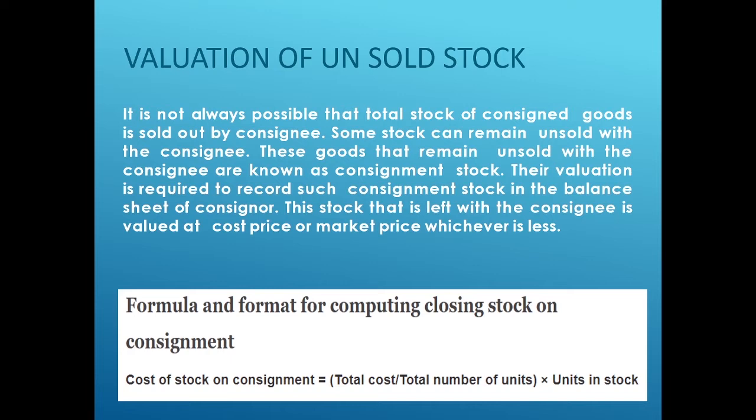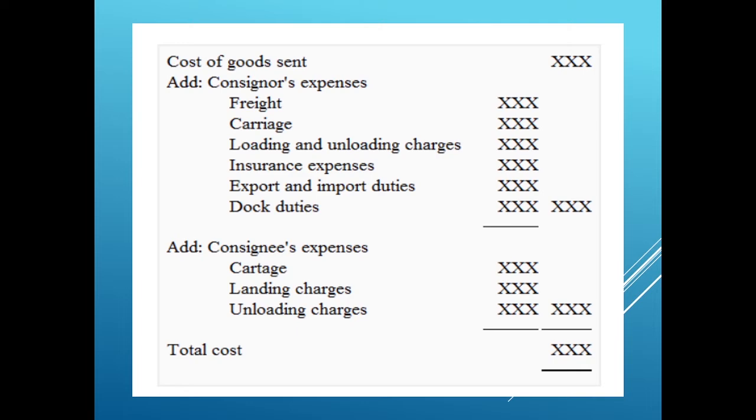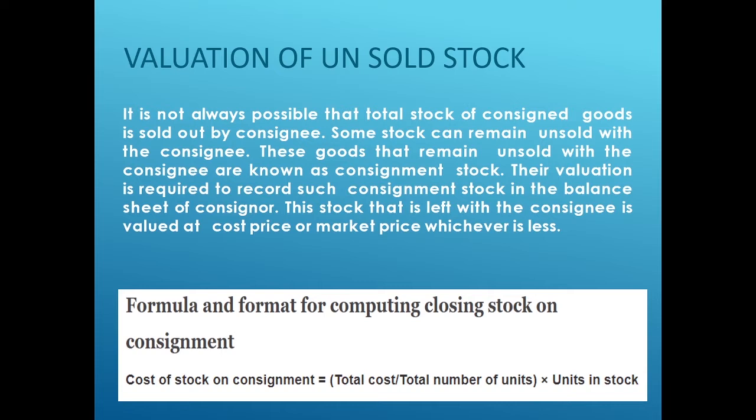The total cost of the goods is calculated as cost of the goods sent plus all consignor expenses plus consignee direct expenses, that is, cartage, loading charges, unloading charges, landing charges. That is the total cost. So total cost divided by total number of units into unsold stock.